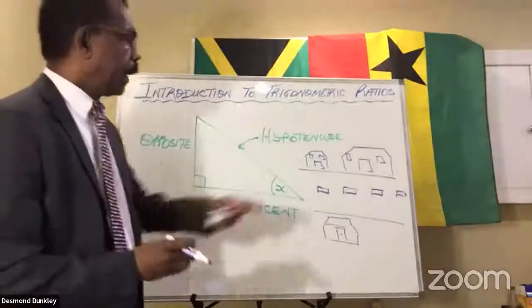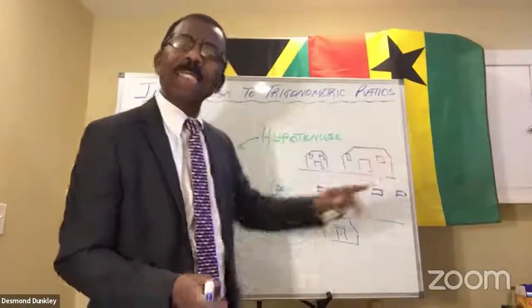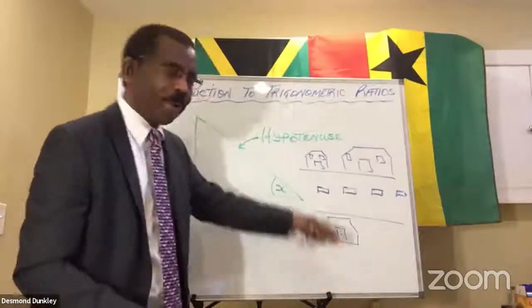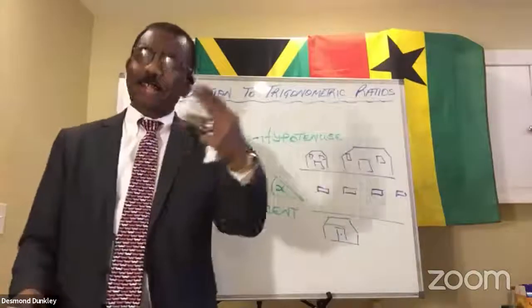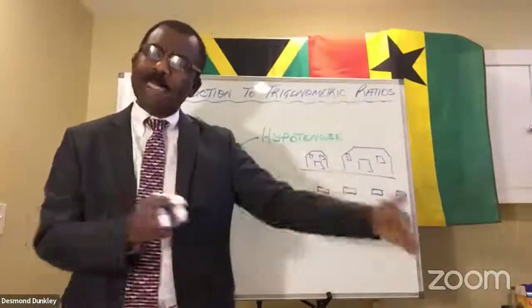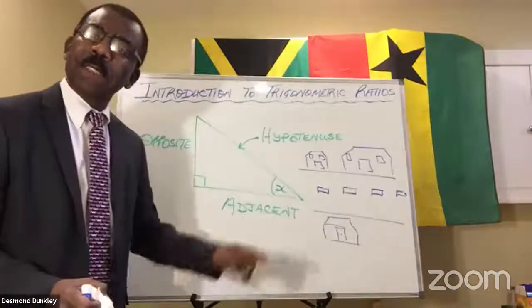Then the house that is beside you is adjacent, it's beside. The house that is across the street from you, across, is opposite. So if you are across, you're opposite. If you are beside it, you are adjacent. So that's how you can tell the two names.